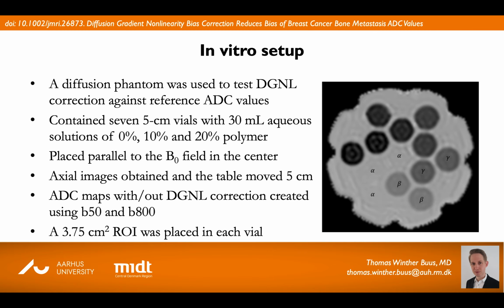This corresponds to ADC values ranging from 1.1 to 0.6. The diffusion phantom was placed with the vials parallel to the B0 field in the center of the scanner. Axial DWI images were obtained and the table was moved 5 centimeters. This was repeated 7 times so that we got 35 centimeters of continuous vials in total.